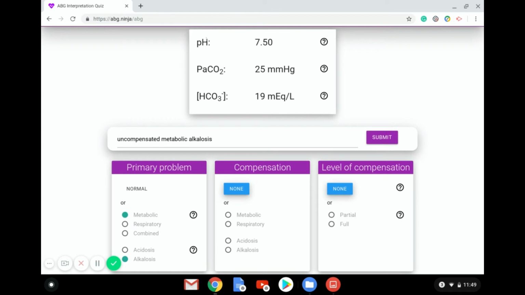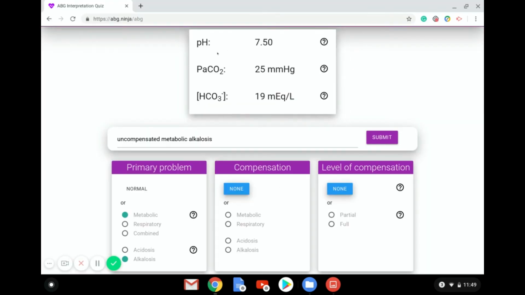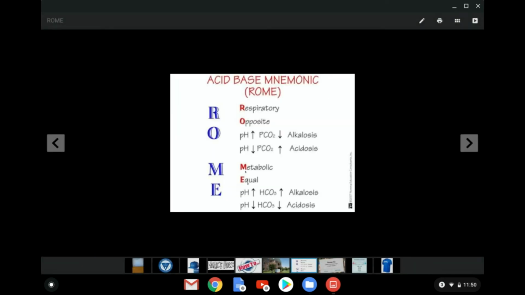So being that the pH and the partial pressure of carbon dioxide are high and low, that would mean if we go back to ROME, they are opposite. So we know this is respiratory, but we still check the other one just in case, right? So the pH with respect to the bicarbonate ion concentration, we see that this is high and that this is low, right? But if we go back to ROME, we see that in order for it to be metabolic, it must be equal.